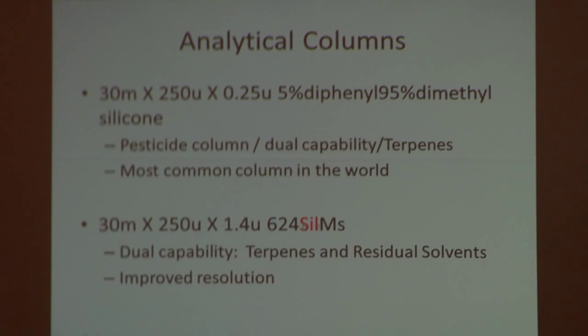That Sil is extremely important. So that gives it more temperature stability to be able to allow you to get up to the high enough temperatures to get the terpenes off. That raises the temperature from about 240 up to about 320 degrees for the maximum temperature of that column.